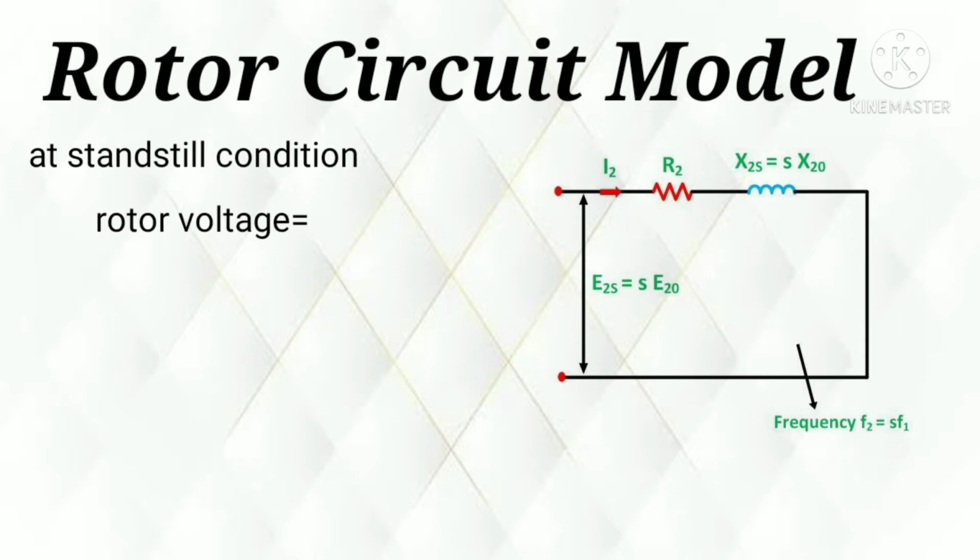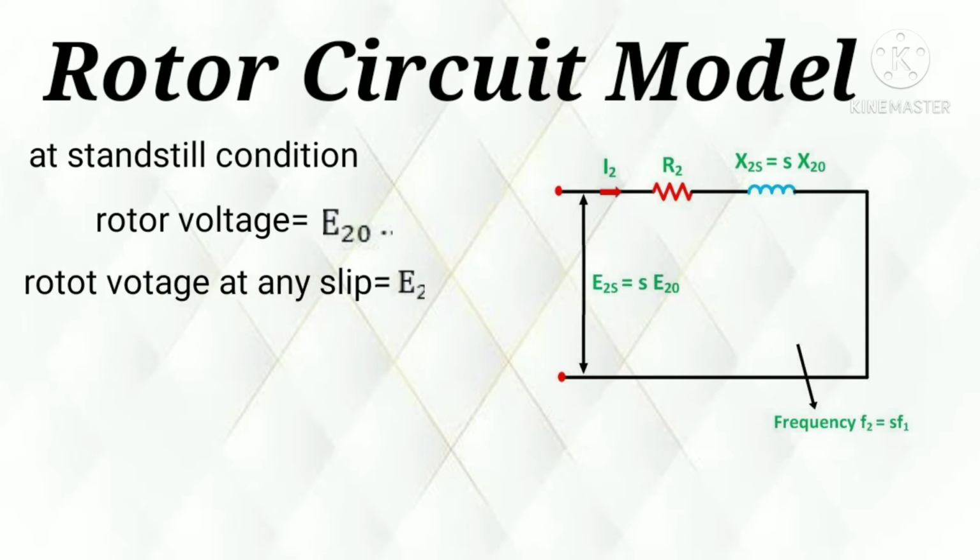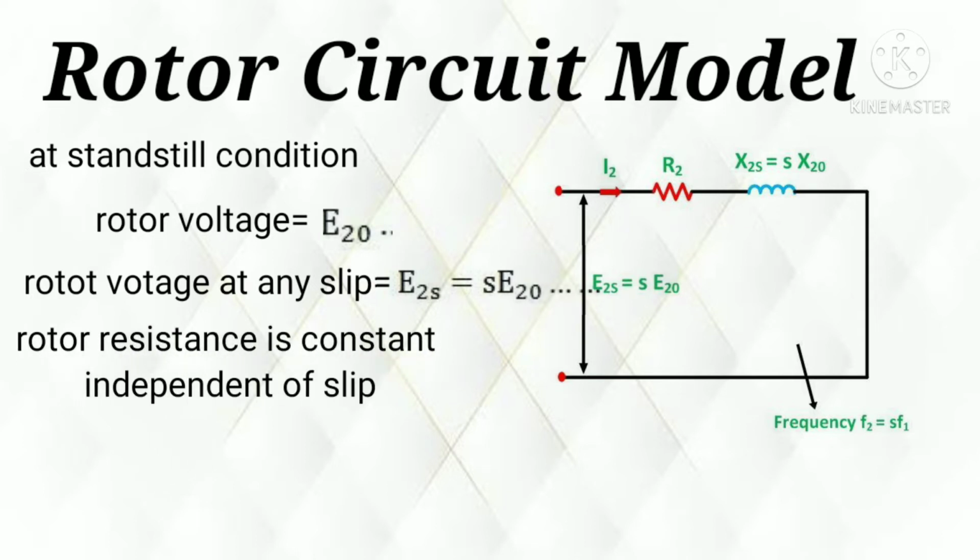If the induced rotor voltage at this condition is E2, then the induced voltage at any slip is given by E2 equal to sE20. The rotor reactance is not constant; it depends on slip. The reactance of the induction motor depends upon the inductance of the rotor and the frequency of the voltage and the current in the rotor.